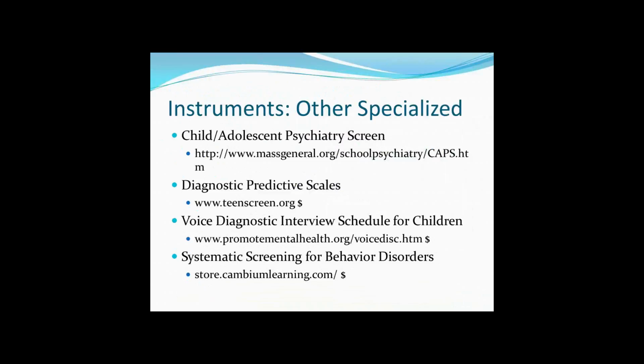So, other screenings that you can take a look at. Massachusetts General, which is a great resource in their psychiatry area, does a child adolescent psychiatry screen that's free. TeenScreen, which I think we'll talk about in a little bit, is a predictive scale, meaning that it's trying to determine if there are behaviors or symptoms that are predictive of emerging or developing issues.